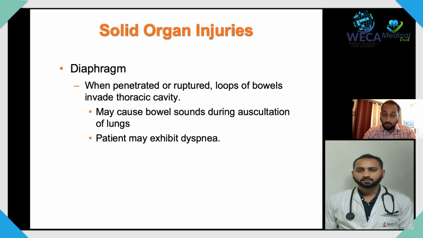The diaphragm is mostly injured in penetrating injuries, not seen so much in blunt trauma of the abdomen, but it may cause the patient to have dyspnea, and it may cause some difficulties in the examination. One thing that can be noted is that bowel sounds can be heard during auscultation of the lungs in case of diaphragmatic rupture.